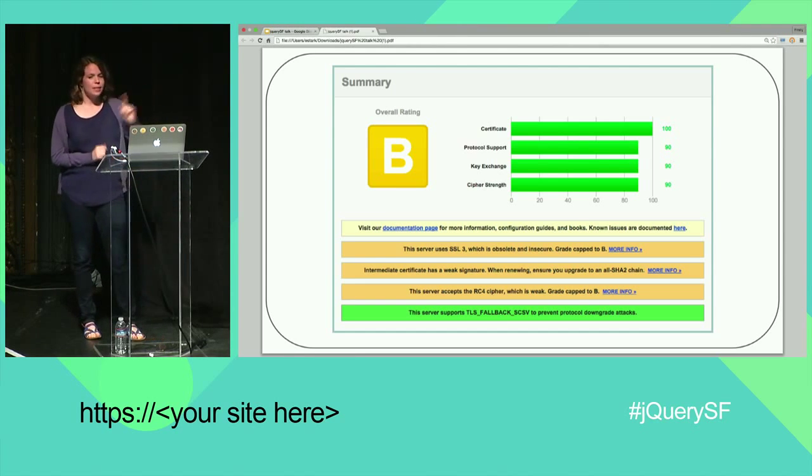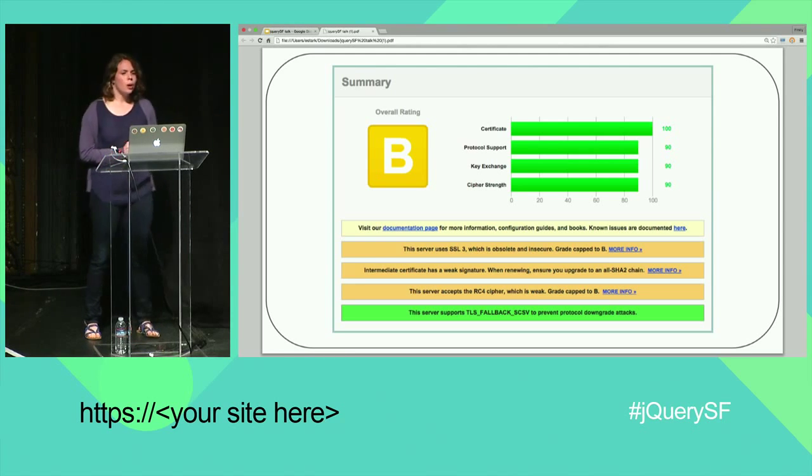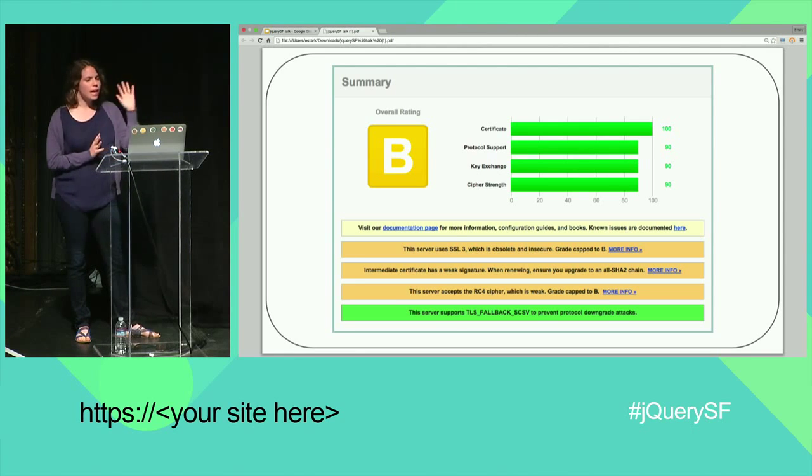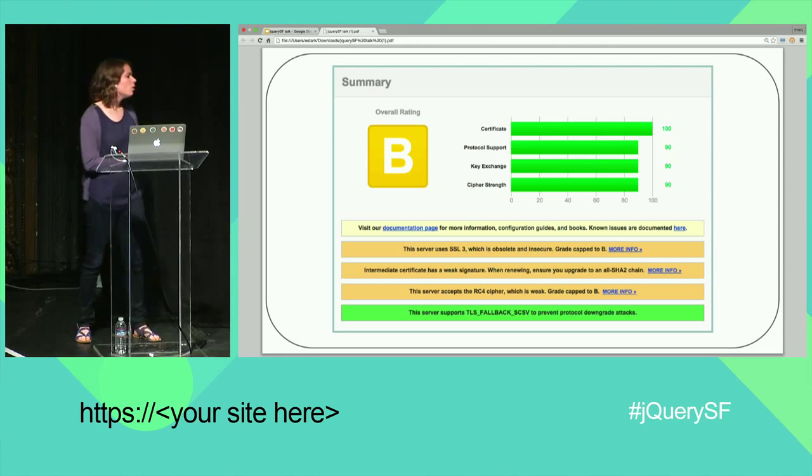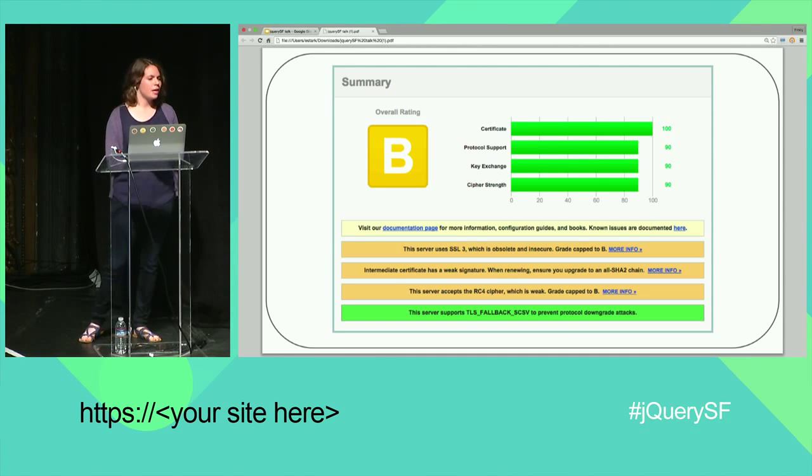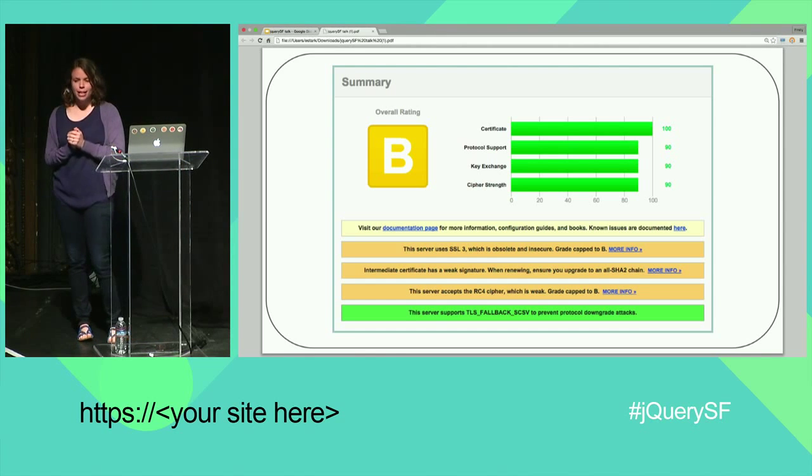I want to point out something about SSL Labs that is both frustrating but actually quite good. You might go set up TLS on your website and run SSL Labs and get an A or an A- or a B or some grade that you're happy with. Then you think you're done, and 6 months later, you come back and you run SSL Labs again.